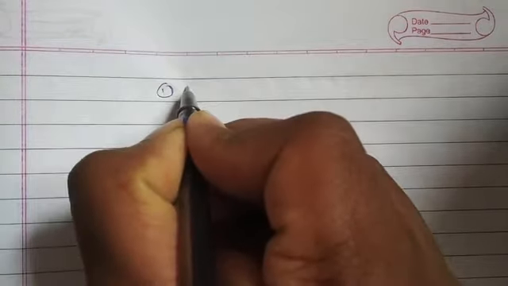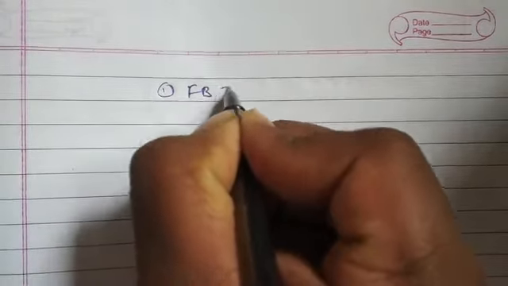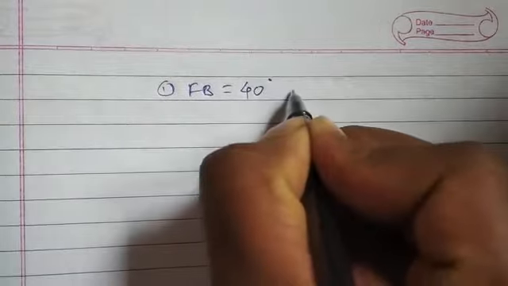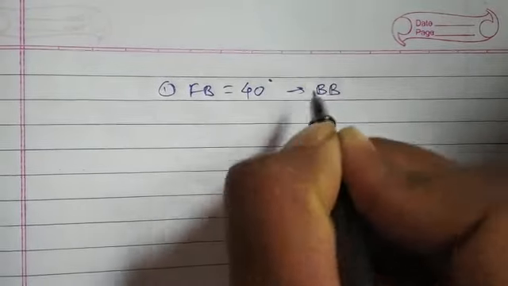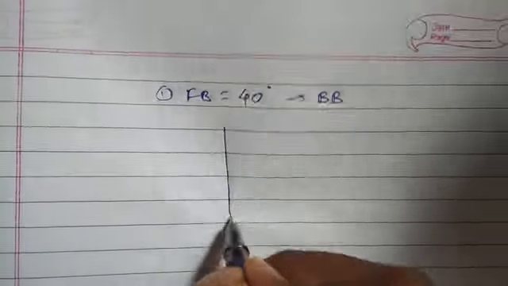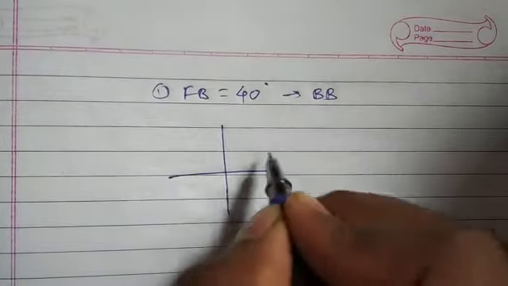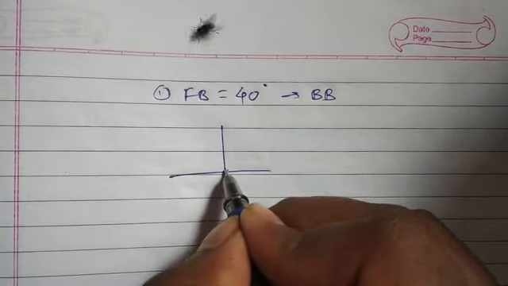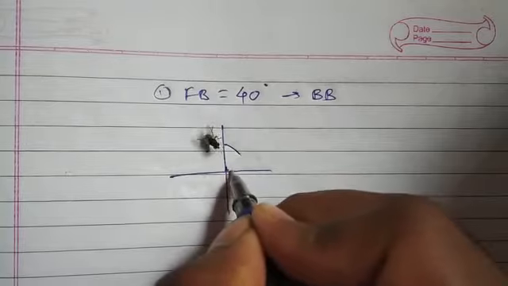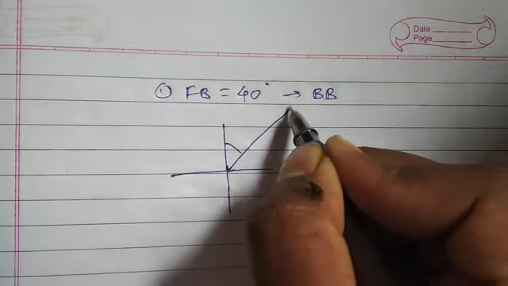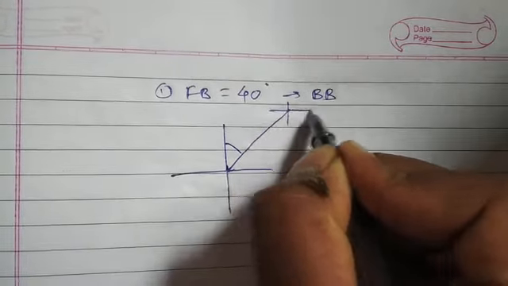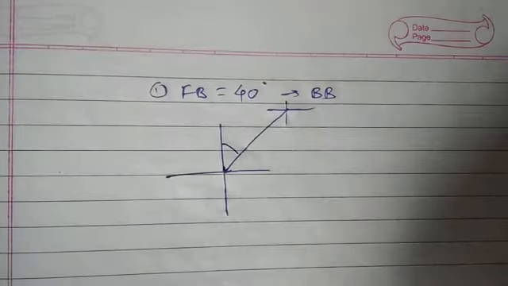If a line has a forebearing of 40 degree, then how much will be the back bearing? So let's draw the line. If this is the starting point of the line, they have given this angle as the forebearing of the line.